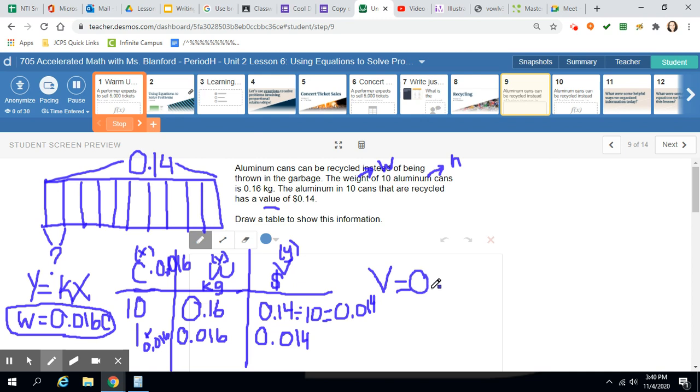That number we're always multiplying the number of cans by. Times C, the number of cans. So the value is equal to this amount, because that's what 1 can is worth, right? Times the number of cans. Okay.